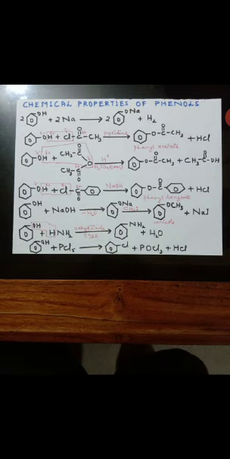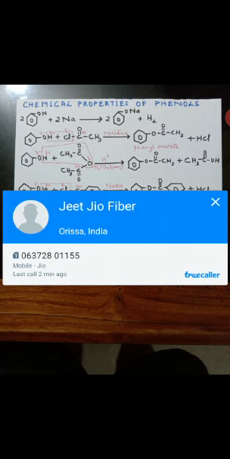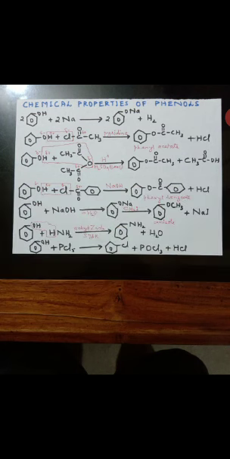But what I said here, again I tell the sentence: the acidic character of phenol is mainly due to the presence of the polar OH group and the resonance stabilization of phenoxide ion. Here the phenoxide ion is stable due to resonance. There the alkoxide ion was not stable, as it has no resonance. Hence, what we find is that phenol is more acidic than alcohol. I hope you understood. Thank you very much.